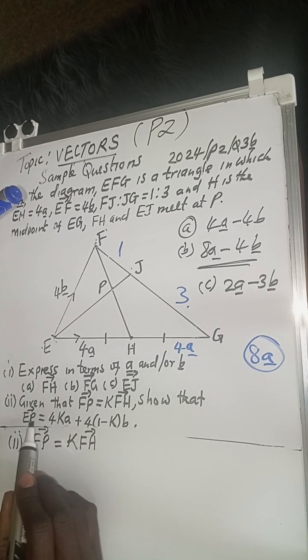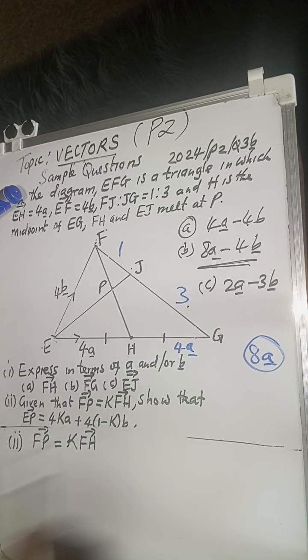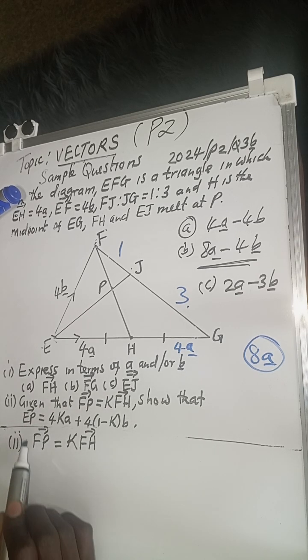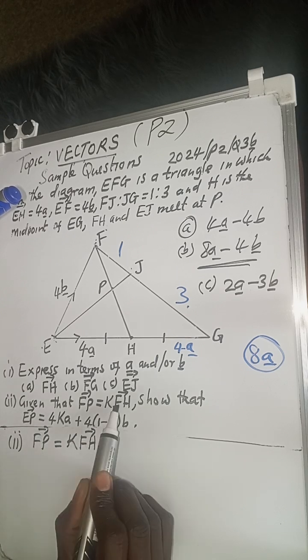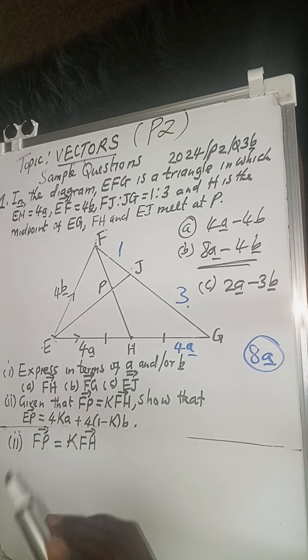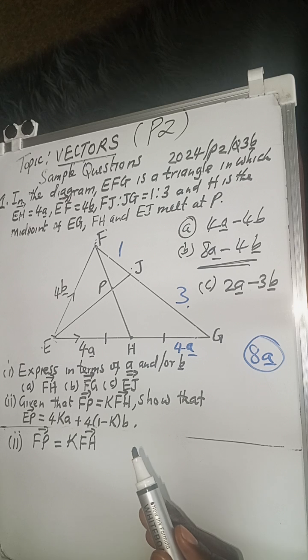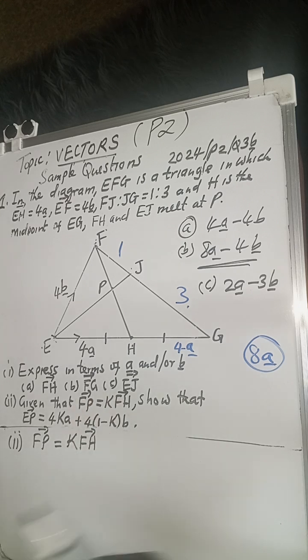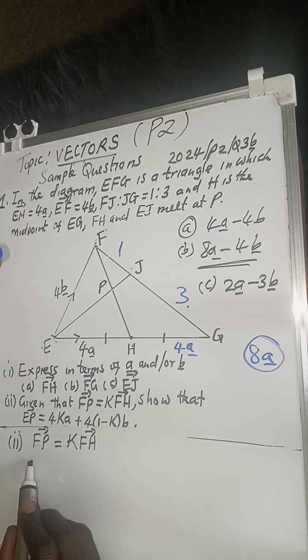Then you can show that EP is equal to that. Why have they given you this one? Because in order for you to move from E to P, you need to involve FP. So that's why you need, first of all, to find this one. Sometimes they use the word hence, meaning use your previous option that you had. Or otherwise, you can use an alternative method.